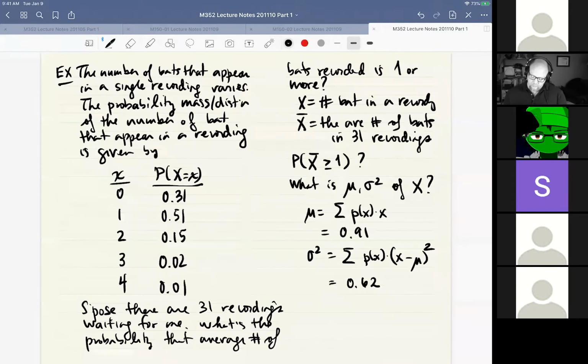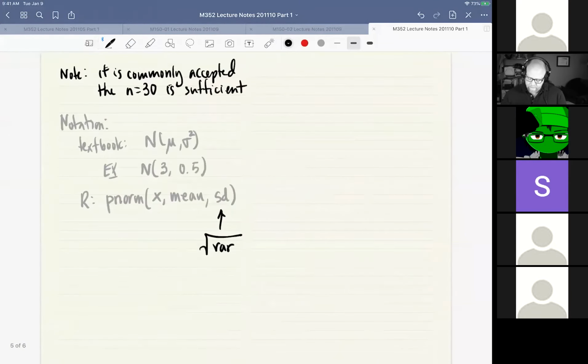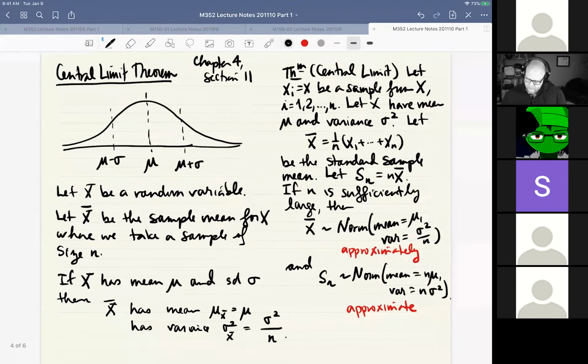So let's look back at the central limit theorem. It tells us that the sample mean will be distributed as a normal random variable with the same mean as my original random variable, and the variance is the variance of X divided by the sample size.